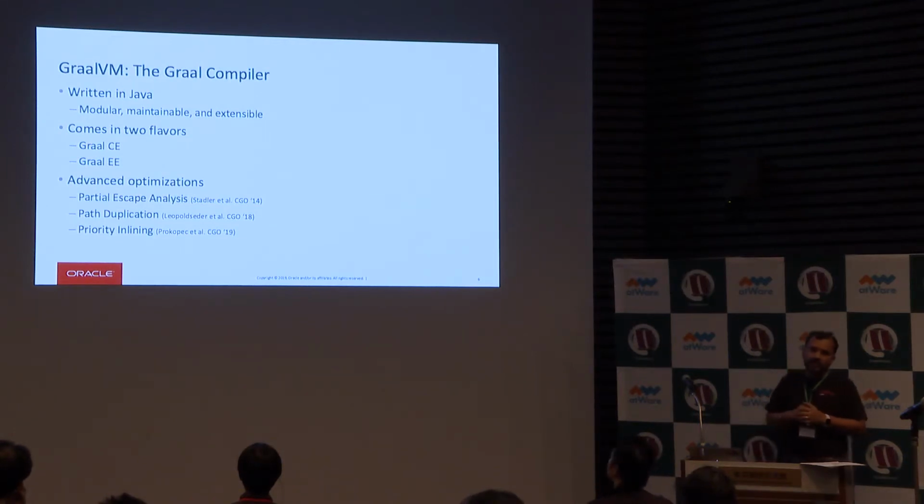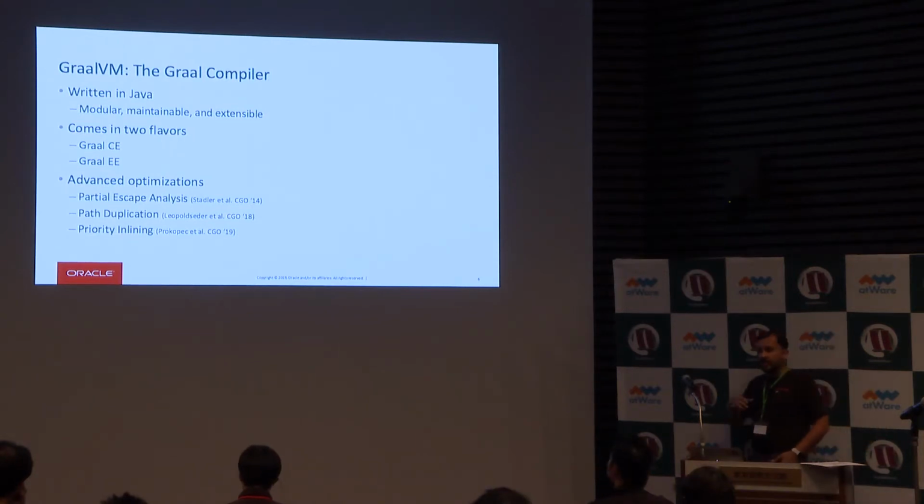Under the hood, why and how is GraalVM unique, in the sense of how do we deliver this high performance? How do we deliver the security capabilities? We have these advanced optimizations, and these include things like partial escape analysis. In the older versions of the compiler, there were things like escape analysis.